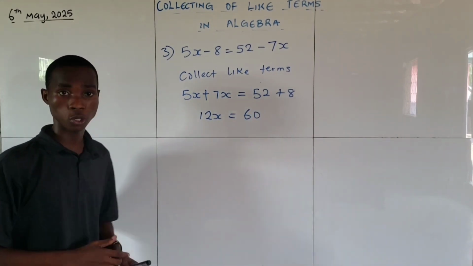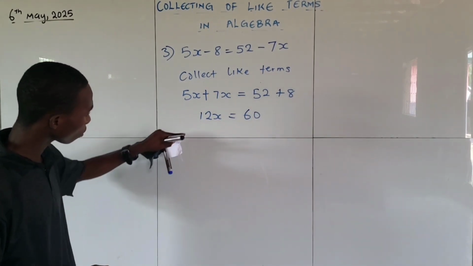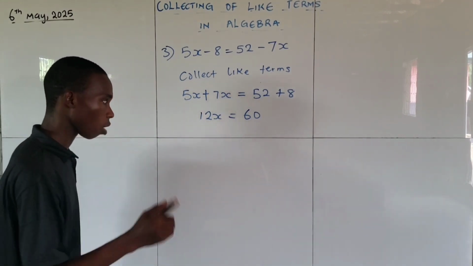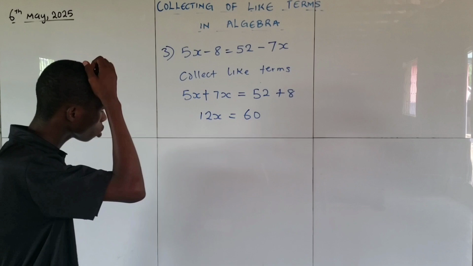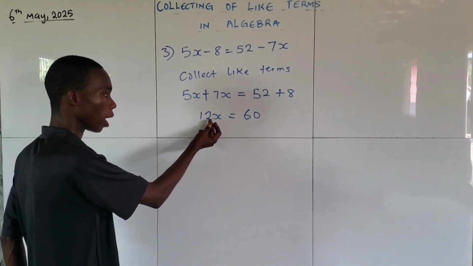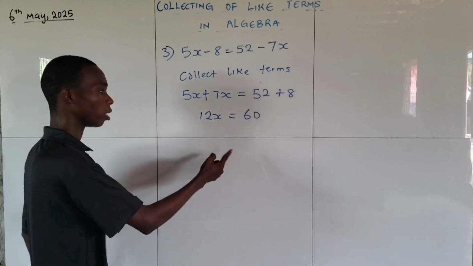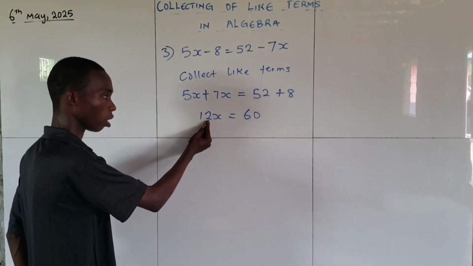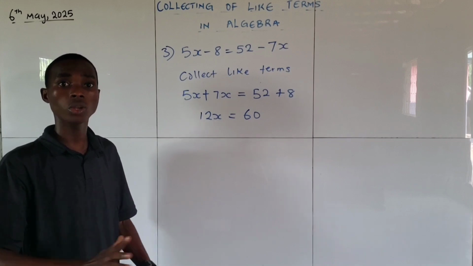So, we are proceeding. Now, if we have 12x here, and we have equal to 60 here, what do we need to do? What we need to do is divide both sides by 12, the coefficient of x, because we are looking for only x.